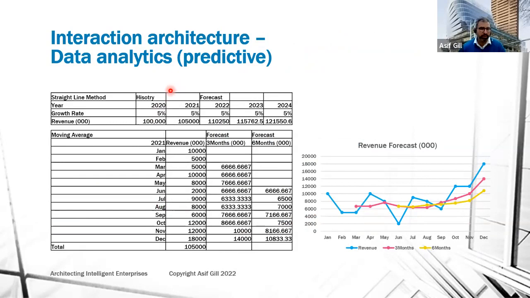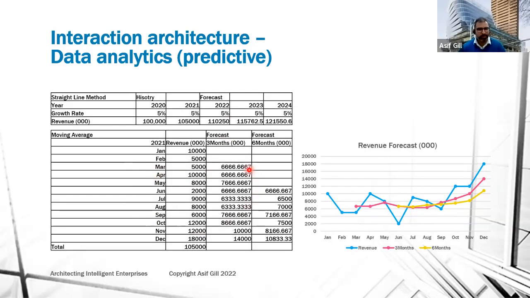Then you can also look at more predictive analytics, and you can forecast the revenue using different methods. I use here the straight line method based on the previous year's fixed growth rate. And I can see that based on the same growth rate, revenue was initially 100,000, let's say, in 2020, then 105, then 102.50, and as it goes further, 110.50.